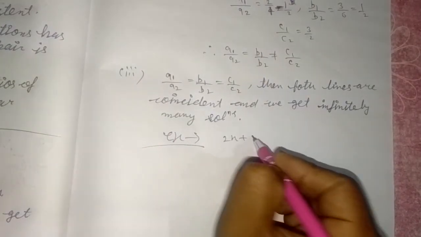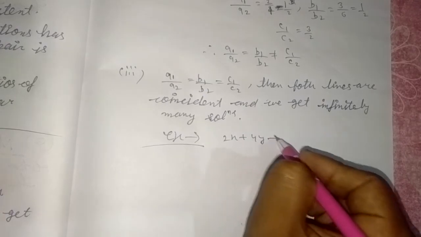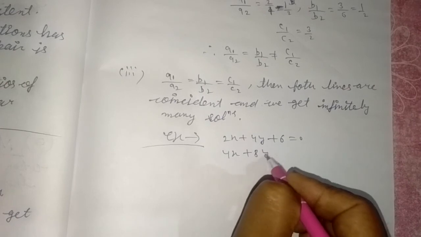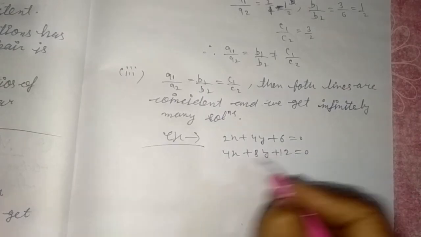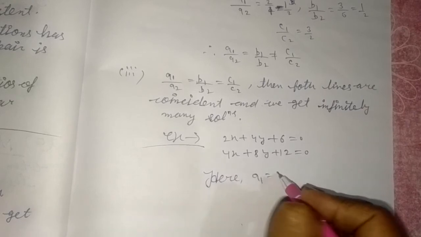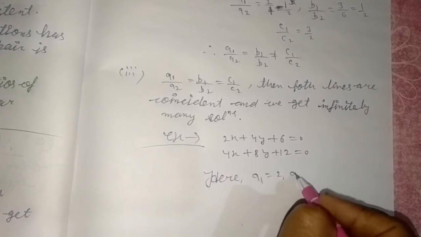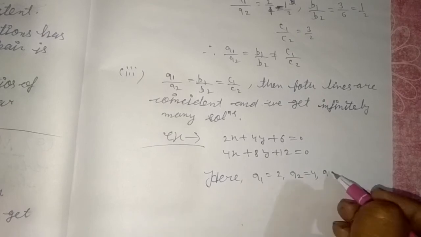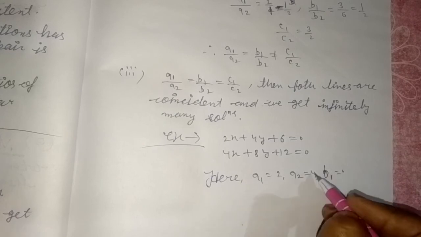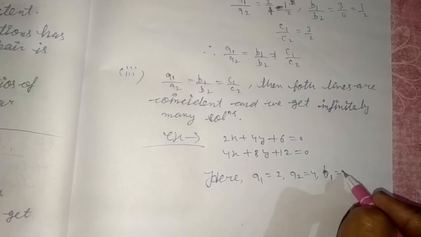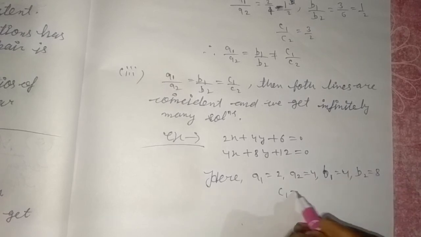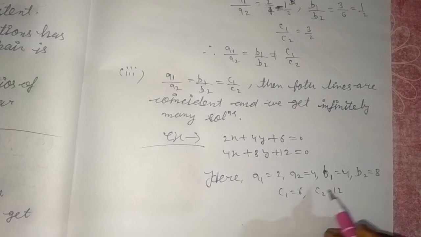For example, 2x plus 4y plus 6 equal 0, and second 4x plus 8y plus 12 equal 0. Now here a1 equal 2, a2 equal 4, b1 equal 4, b2 equal 8, c1 equal 6, c2 equal 12.